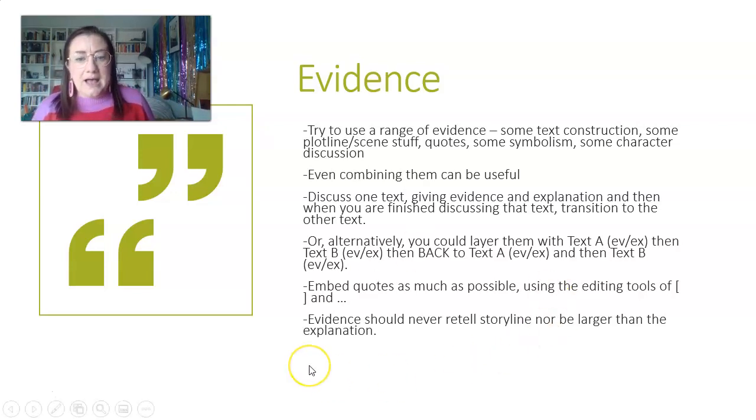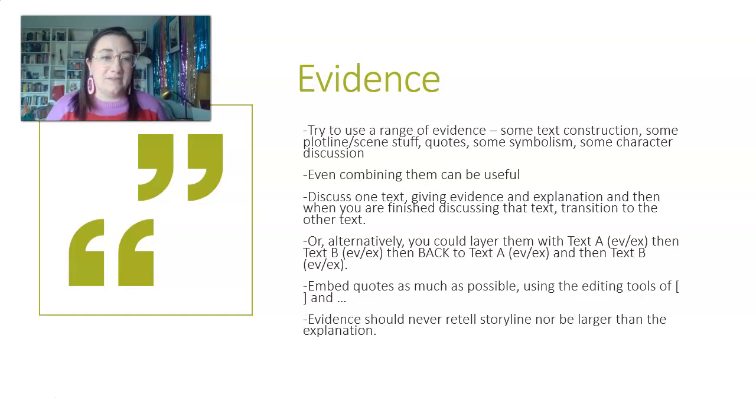Okay? But be aware though, evidence should never retell storyline. Assume that the person has read the text or viewed the text, and that you're just reminding them of the particular scene so that they can understand what you're talking about. So you wouldn't need to say, Whitechapel, who is the oldest slave on the plantation and has a son named Chapel and a wife named Cook.